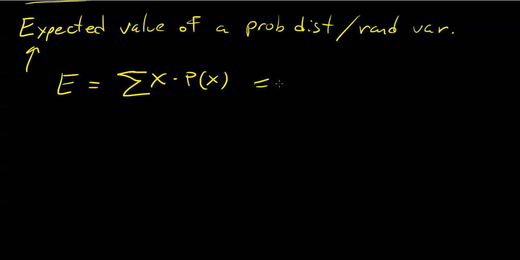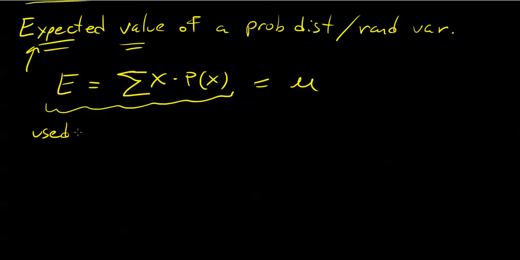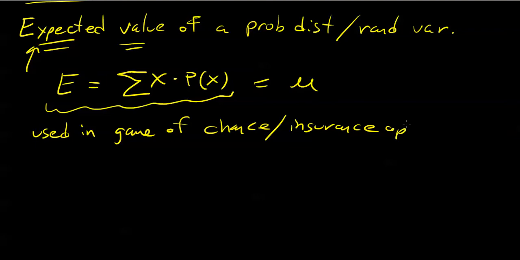So what happens is the author has introduced this formula and uses the phrase expected value in game of chance type calculations or in insurance company type problems stated in the text. So let me write that down. Use in game of chance type problems or insurance applications, as we'll see in the homework list.